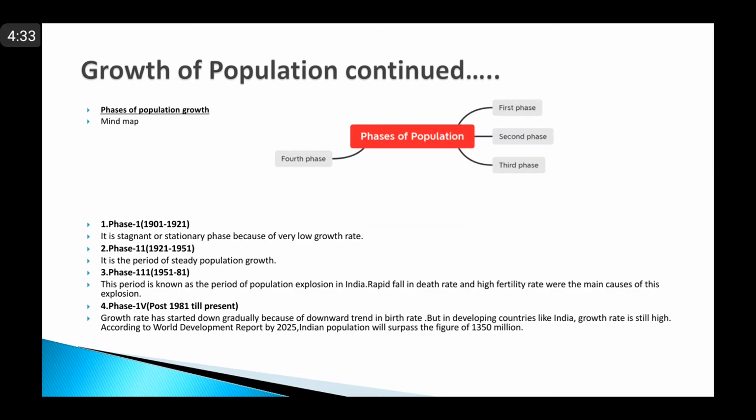There was a better transport and communication system that improved the distribution system. And the spread of education also helped in improving sanitation and hygiene, which helped in controlling diseases.